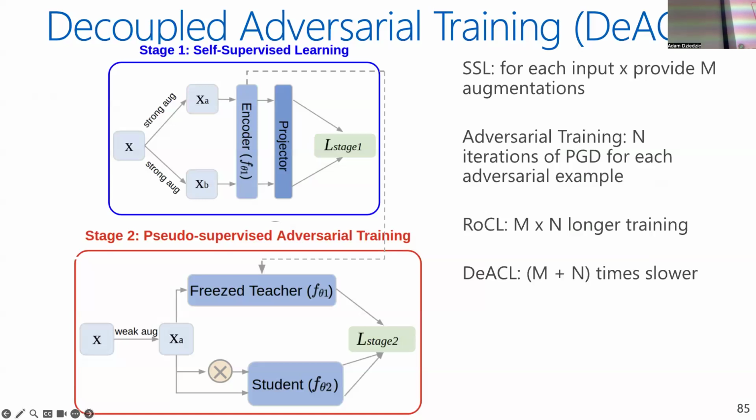This is stage 2, which is only n times slower than standard training. So you decouple these two stages. First you do SSL training, and then you do adversarial training, and this decoupled approach gives you m plus n times slower performance compared to m times n longer training.